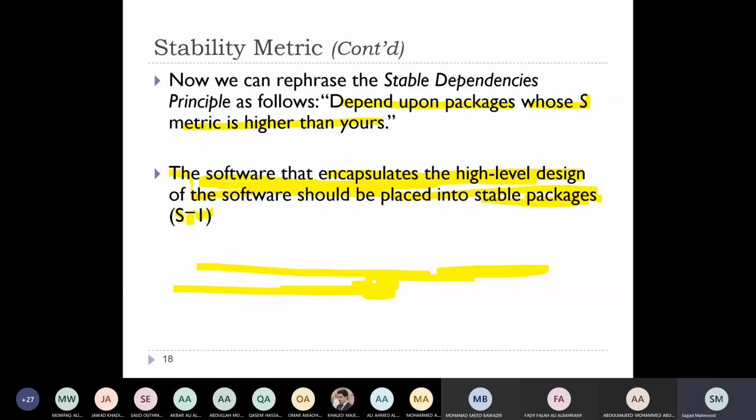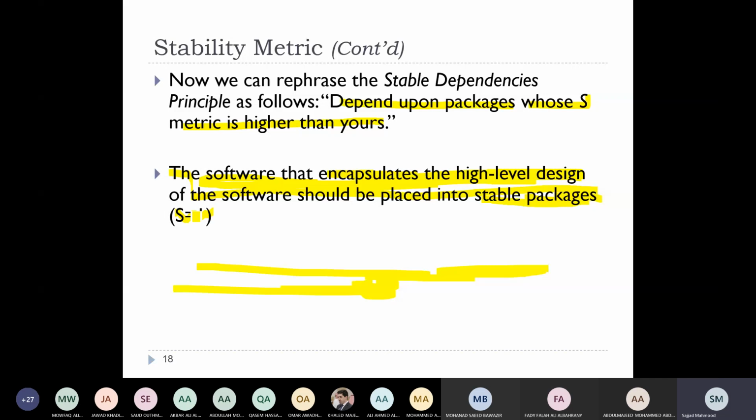Since I'm going to organize these packages based on their stabilities, a package of S value 1 means it's highly stable. This means it's very hard to change.